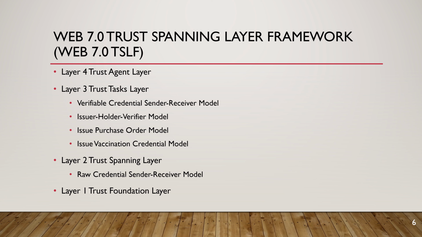And then from that we'll derive the definition for verifiable credentials and the verifiable credential sender receiver model, and then show through successive layers of specialization or through successive layers of derivation how we can evolve or create the issuer holder verifier model, and for completeness show the derivation of two other models, an issue purchase order model and an issue vaccination credential model.